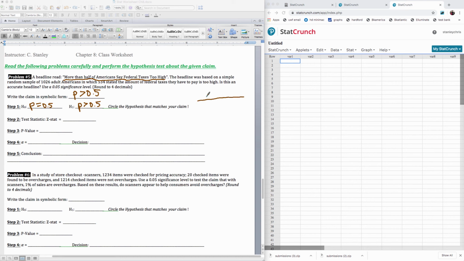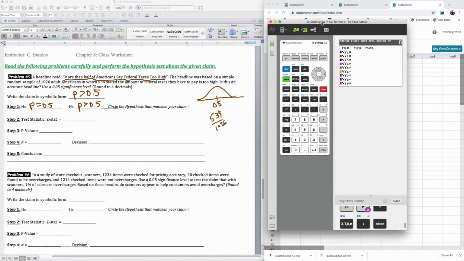So what happened is they think it's 0.5. They take a sample, and it's 534 over 1026, which I'm just going to calculate real quick. I have a fancier calculator now.